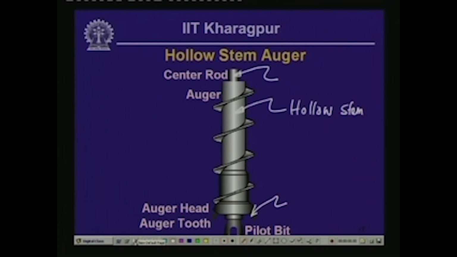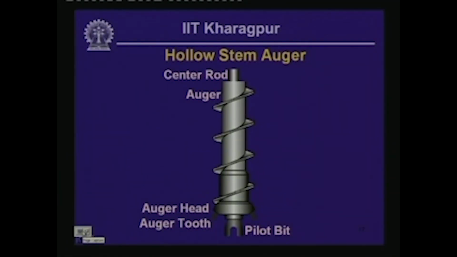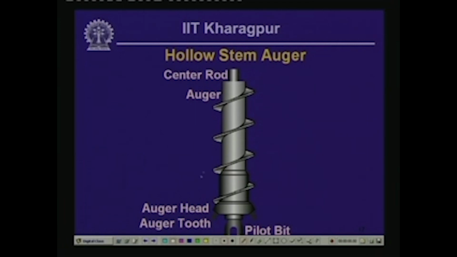So, here if I want to draw on top of this particular picture itself, the hole actually proceeds like this. That is how the hole is going to proceed, and this much diameter of hole will be excavated by this auger.